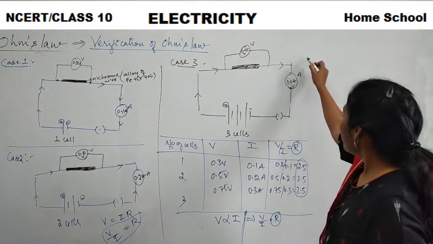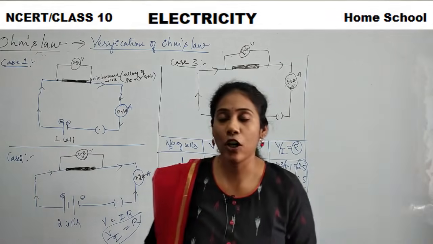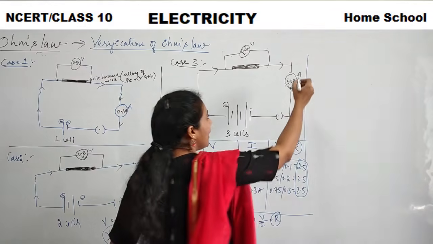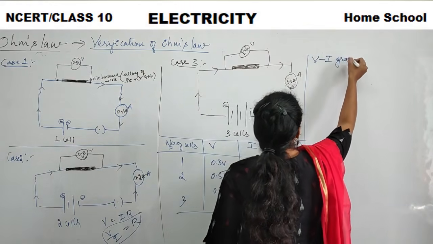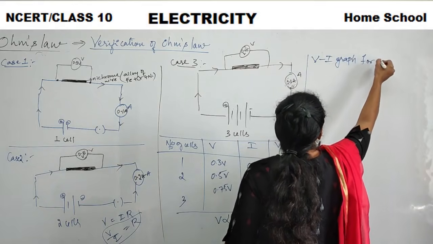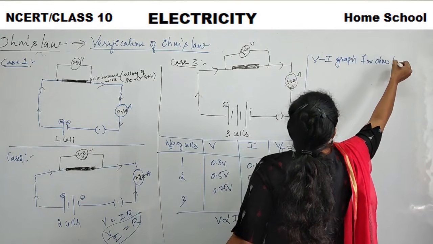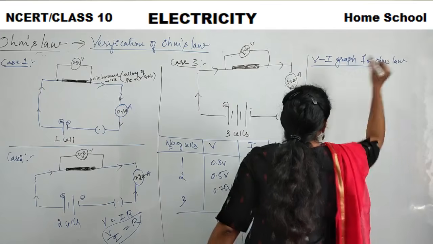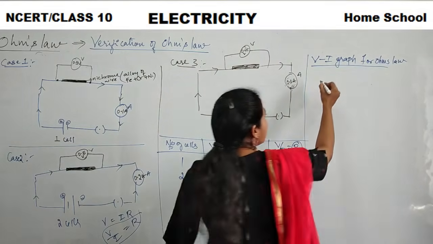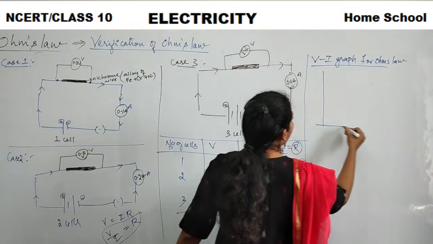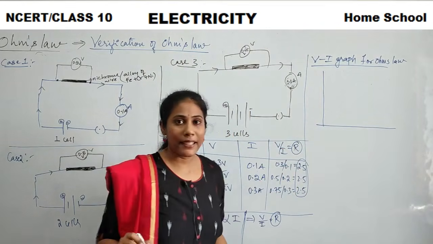And actually with this activity we can also plot a graph. I am showing the VI graph for Ohm's law. This is also important, guys. Don't forget, concentrate on the VI graph. You have learned how to plot a graph in mathematics, right?